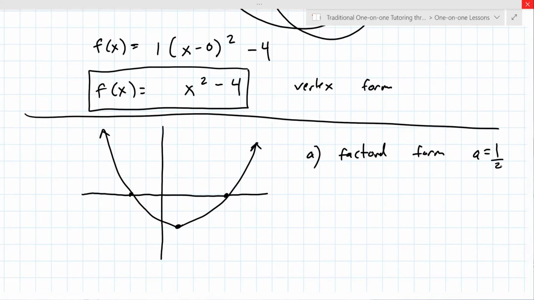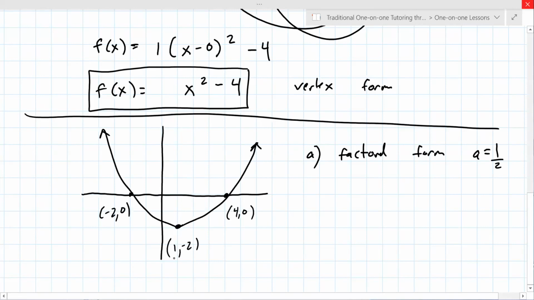All right. I'm just going to make a little sketch of this. And full disclosure, this is 4 comma 0, and this is minus 2 comma 0. This is 1 comma negative 2. Factored form.